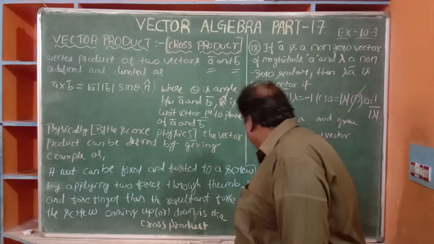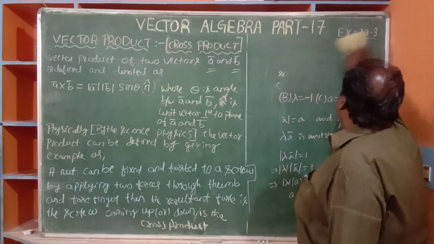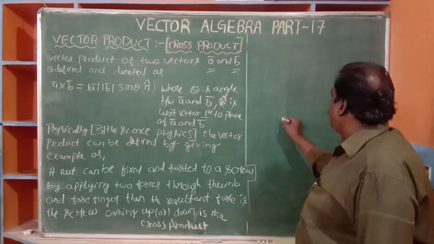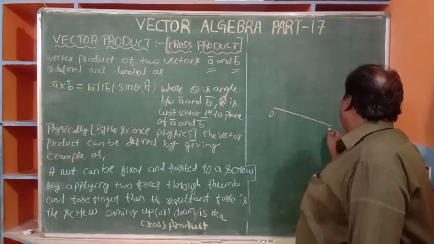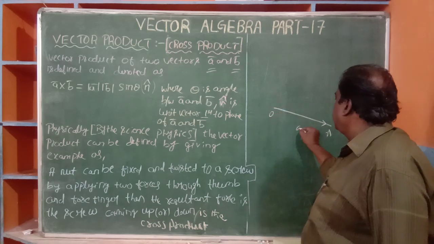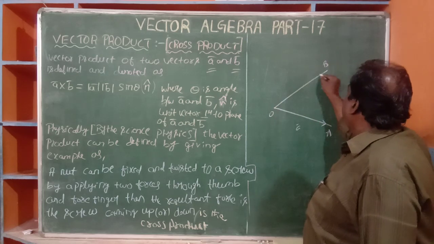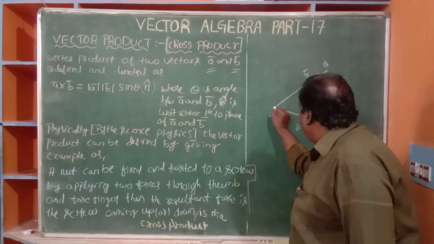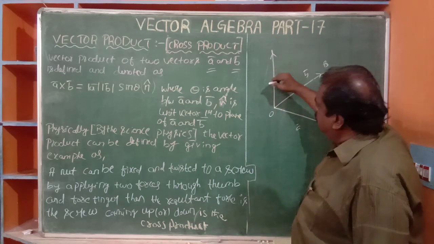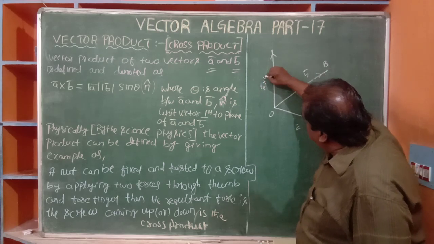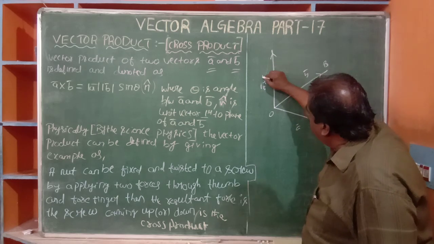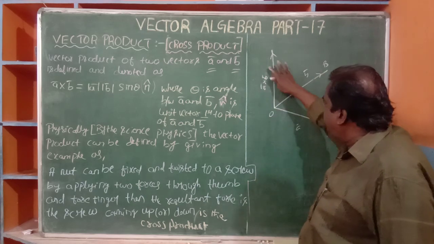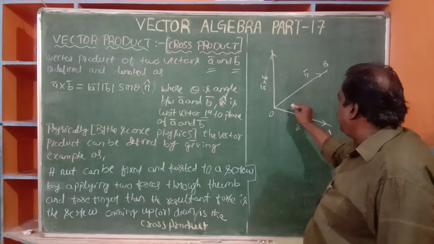Clearly, you see, suppose this is A bar, and it is B bar. Now the resultant vector is A bar cross B bar. A bar cross B bar is a vector, the cross product of the two vectors.